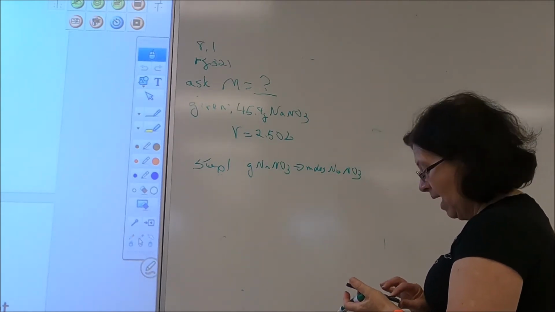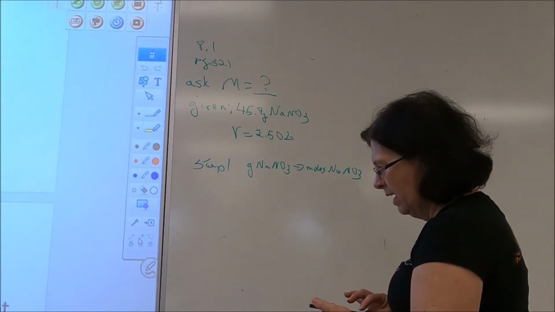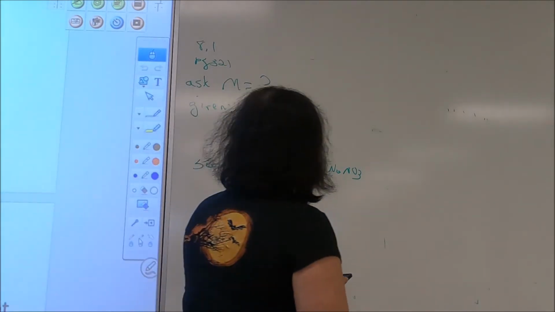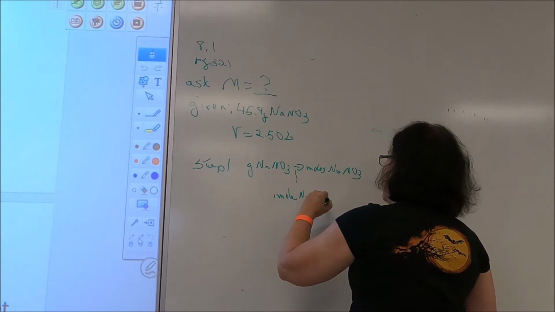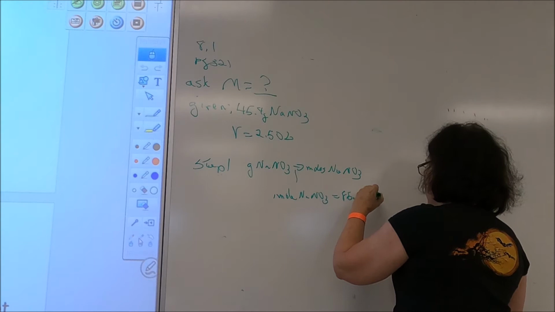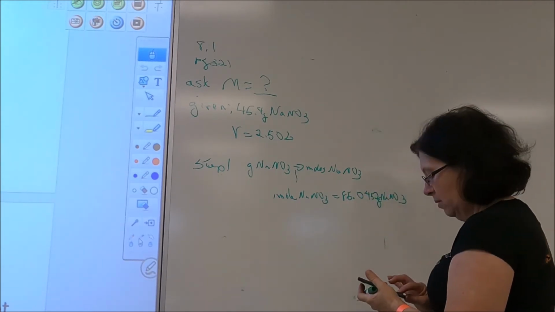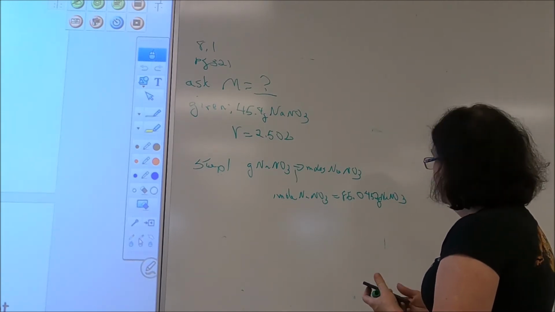I'm going to need the molar mass, so 22.98 plus 14.067 plus 3 times 15.9994. So 1 mole of sodium nitrate has a mass of 85.0452 grams. Okay?